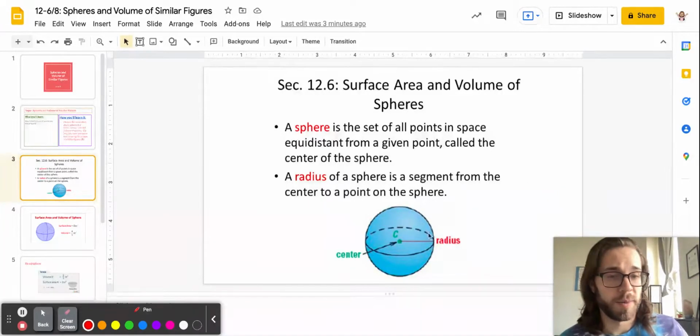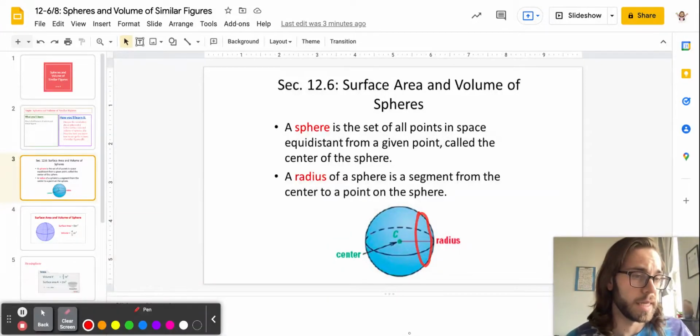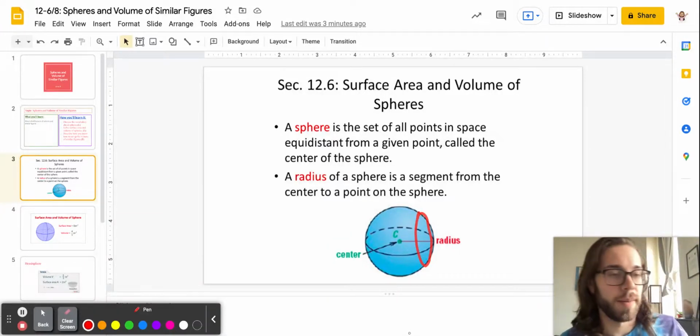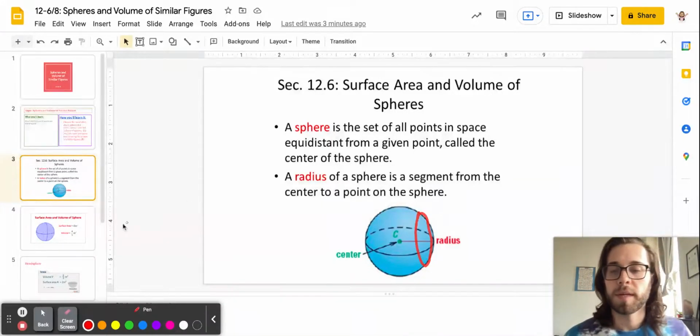You're probably looking at me like, well, why wouldn't it? Because it is possible to make a circle right over here that wouldn't have a diameter equal to the diameter of the sphere. So if you ever see great circle, that's all it means. It's just like if you cut through the middle.